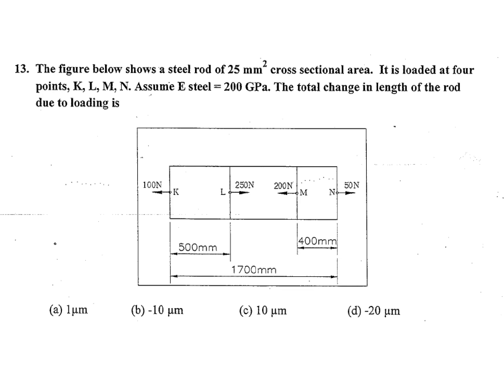So here the formula is load P, length L, area of cross section A, Young's modulus E. Total elongation delta L equal to 1 by AE into P1 L1 plus P2 L2 plus P3 L3.